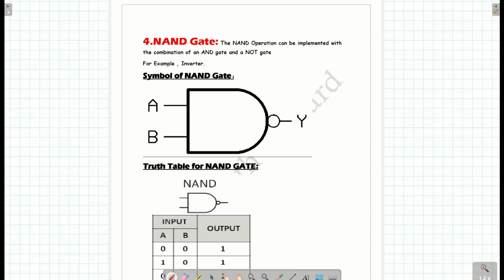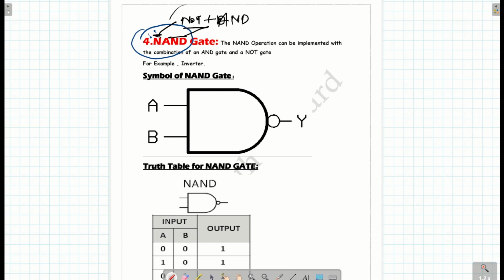In NAND gate, you can see here N, A, N, D. So the first letter you see is N. N stands for NOT, and A and D stand for AND.